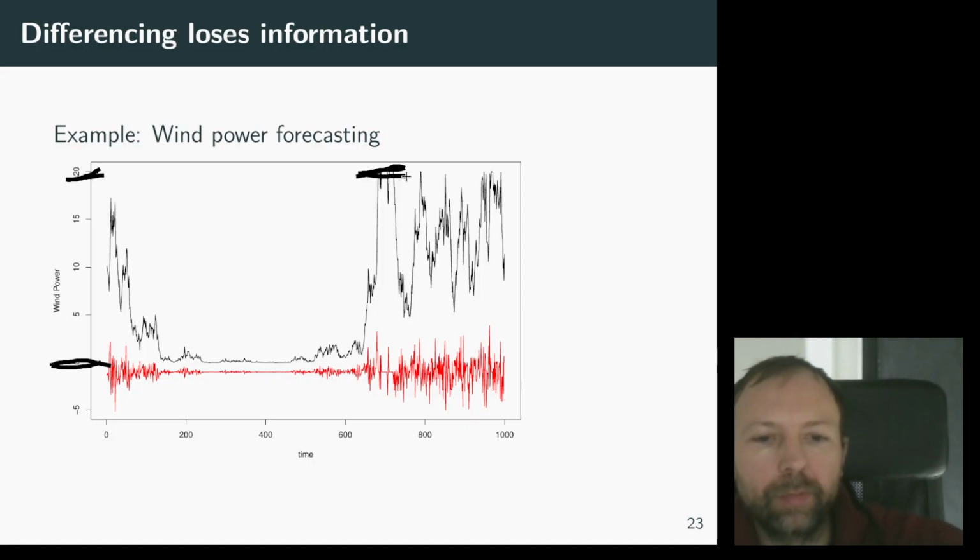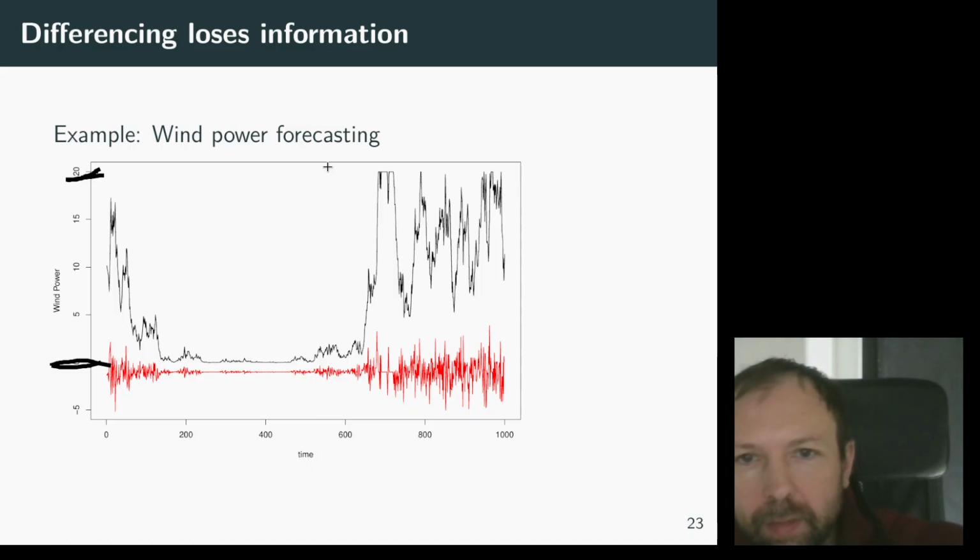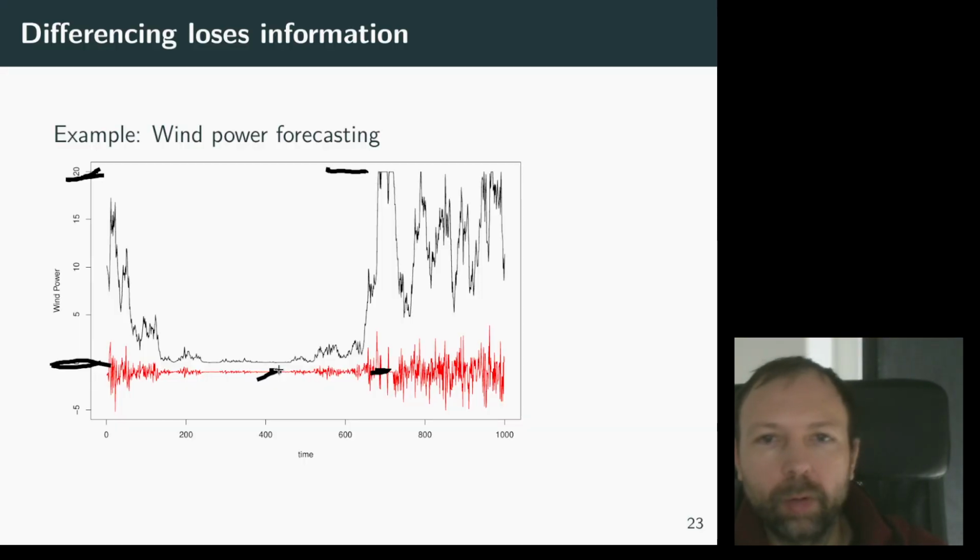Obviously here what differencing will do is, because it's flat, it makes it flat down here. Here our zeros are also flat. But now if you're up here, you cannot go higher, so you can only stay where you are or go down, right? And that's what we still see down here.